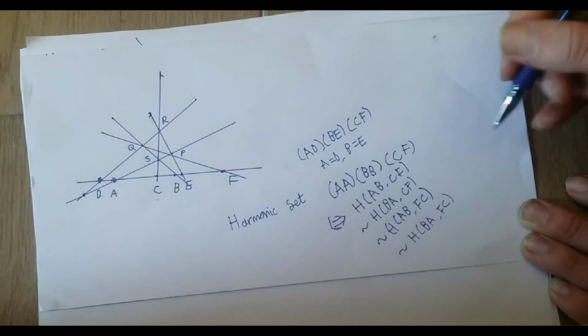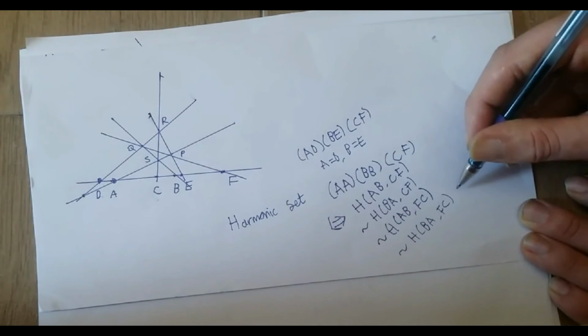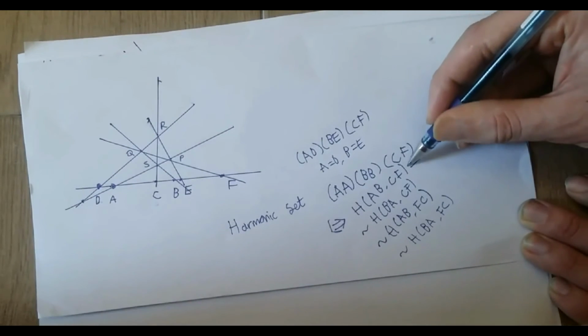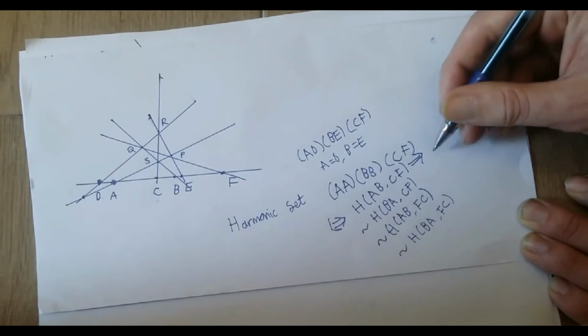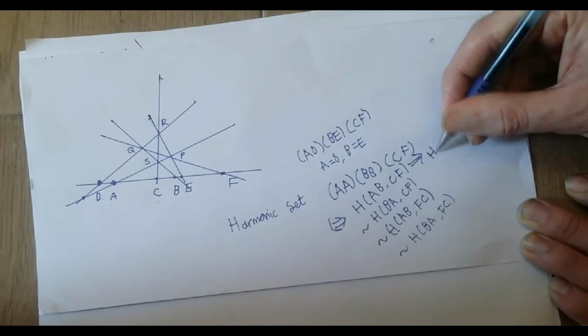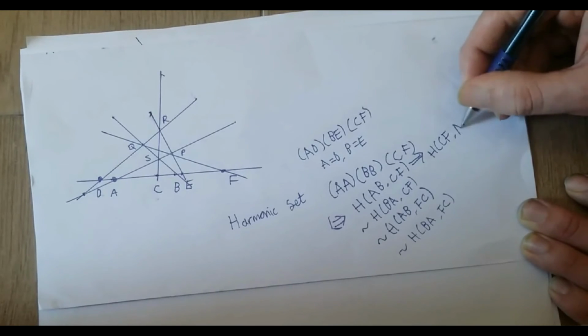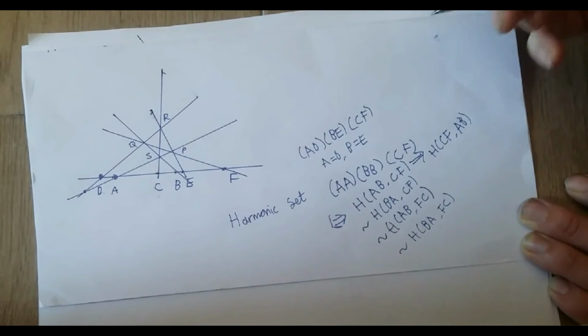And it turns out, although I'm not going to discuss it now, that when this relationship is true, this implies that H(CF, AB), but that's something we'll be discussing later.